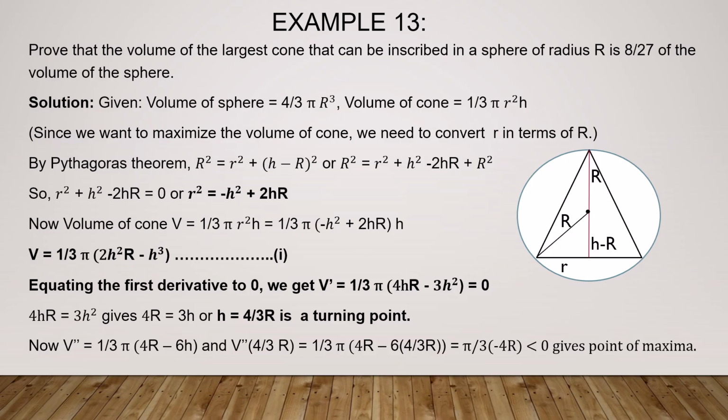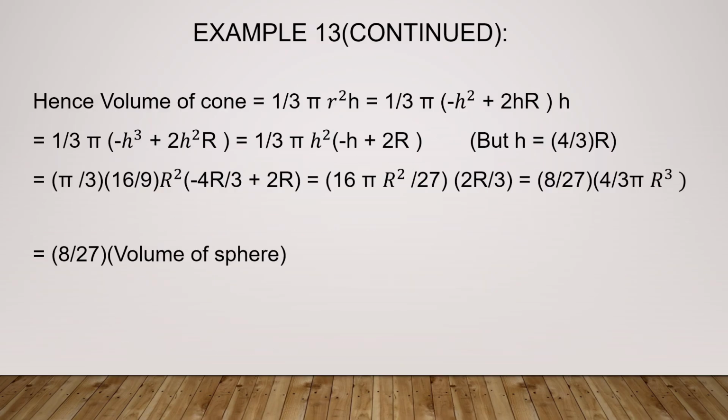In the second derivative equation, when you put our turning point value, 4 upon 3 R, in the equation of v double dash, what do you get? Pi upon 3 into minus 4R, and obviously this is less than 0 because it has a negative sign. So it gives us the point of maxima.